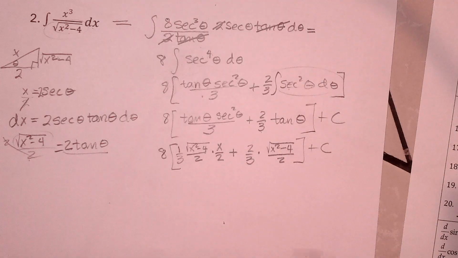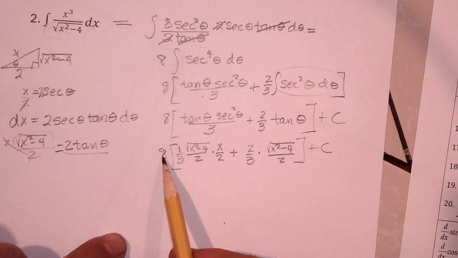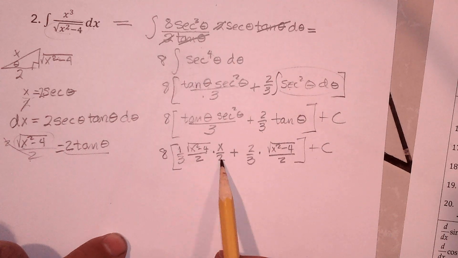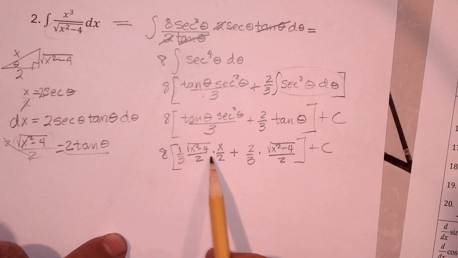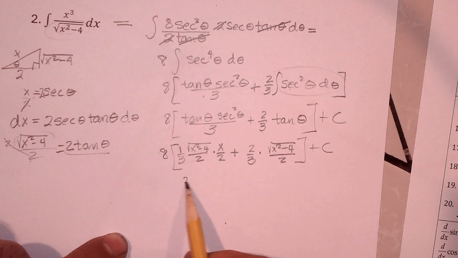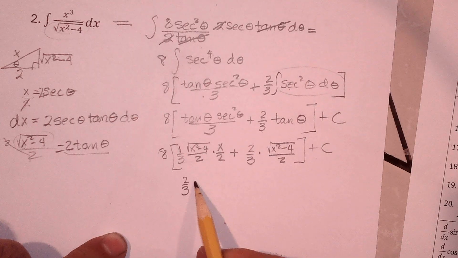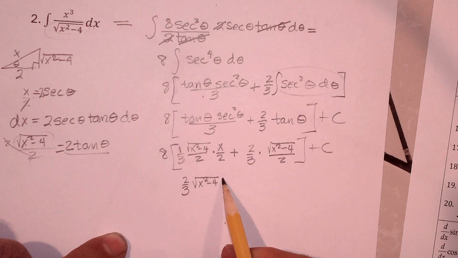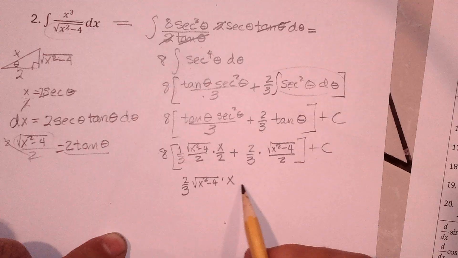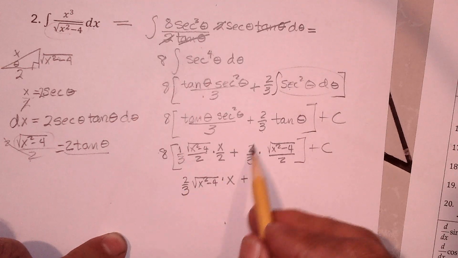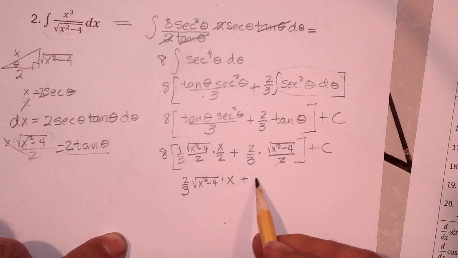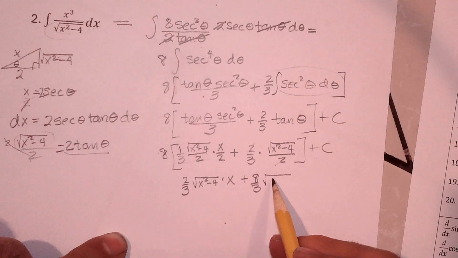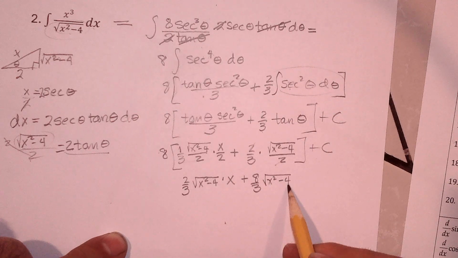So writing this more simply, 8 times, it would be 8 over 12, but 4 goes in 12 and 4 goes in 8, so it'd be 2/3 square root of x squared minus 4 times x plus, these twos cancel, so it'd be 8/3 square root of x squared minus 4.